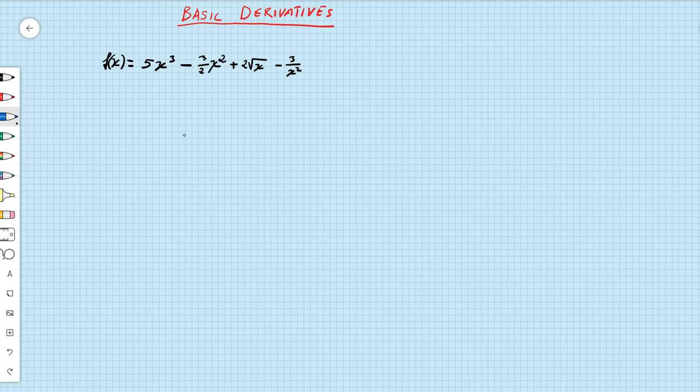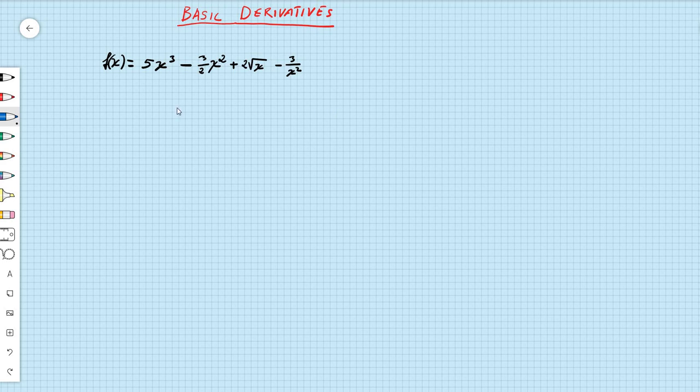The faster way to do this, when you have a function like f of x equals 5x cubed minus 3 half of x squared plus 2 square root of x minus 3 over x squared, is to get the derivatives of each term and just add them together at the end, and that will make it easier.